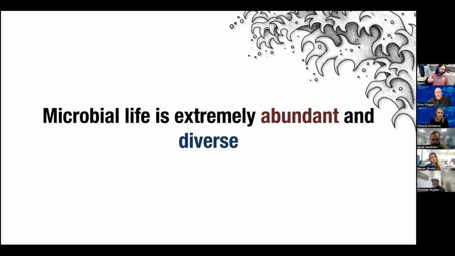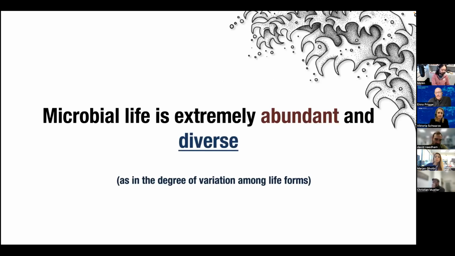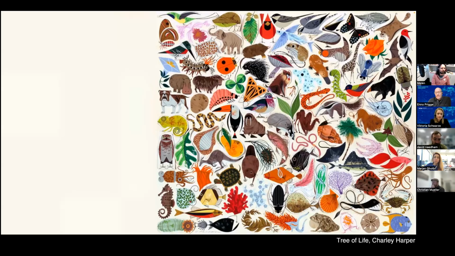So yeah, microbial life is extremely abundant and diverse, as in the degree of variation among life forms, when I say diversity in this context. So the explanation of that is a little more challenging, but I will give it a try. I guess we can all agree that life is one of the most interesting phenomena in the observable universe.